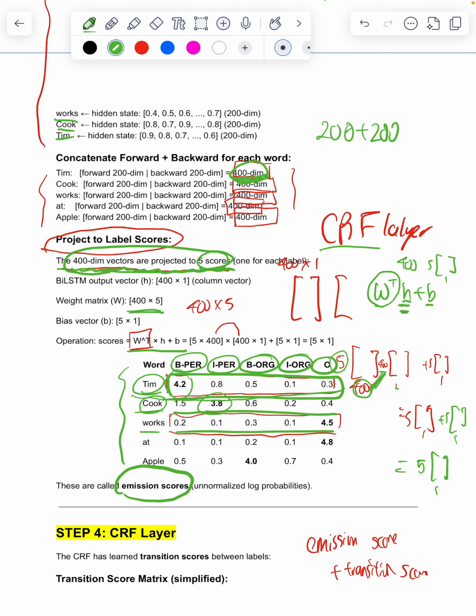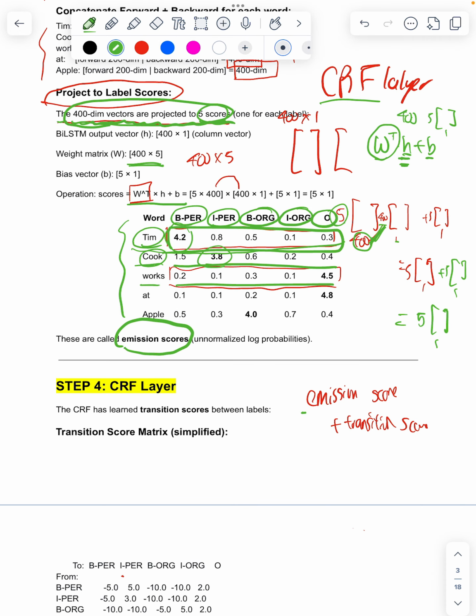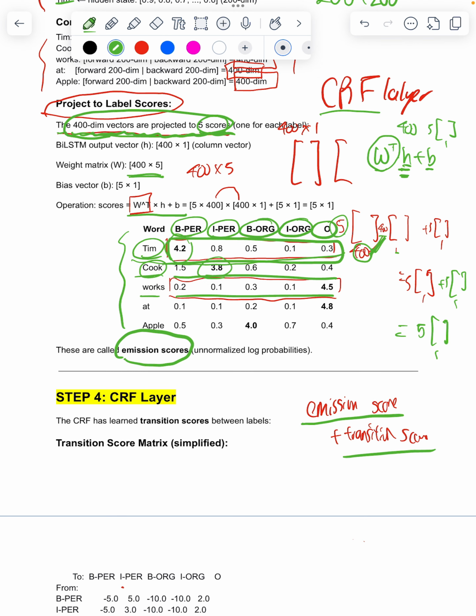How the CRF works is you sum up the emission scores and the transition scores. Emission scores mean: what's the probability, or the correlation, between Tim and B-PER? It's pretty high, like 4.2, because we know Tim Cook is a person, and Tim is usually the first name of a person, so it has a high value.